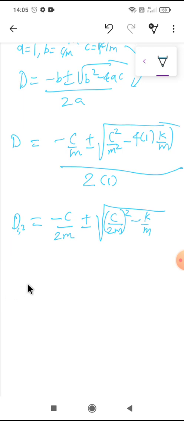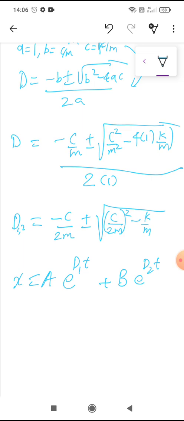So what will be the solution of x? x will be equal to a e raised to d1t plus b e raised to d2t. So this is our general solution of the equation of motion of a viscous damper.